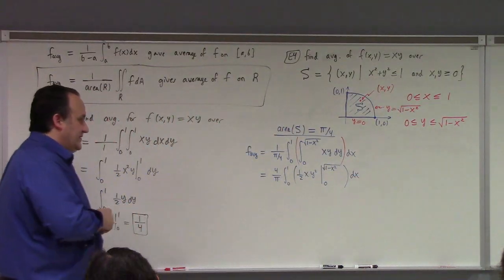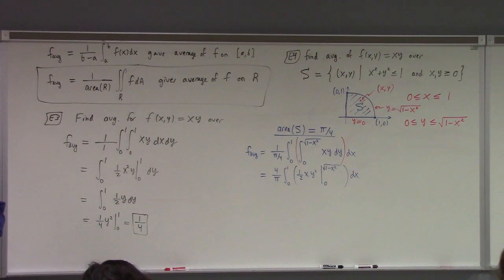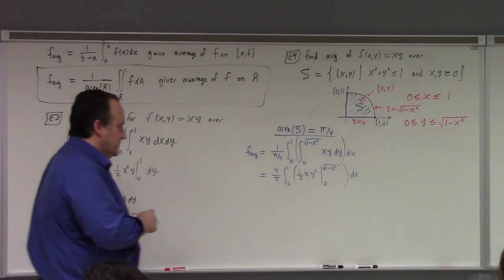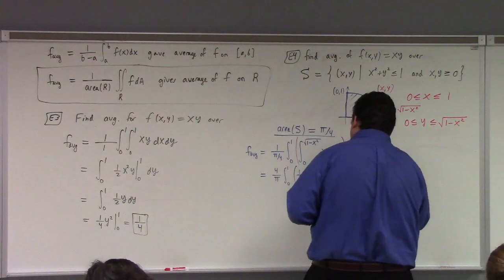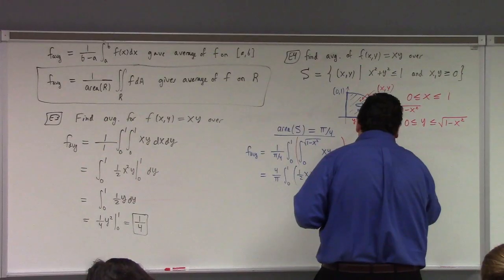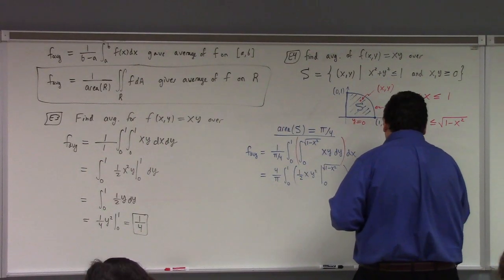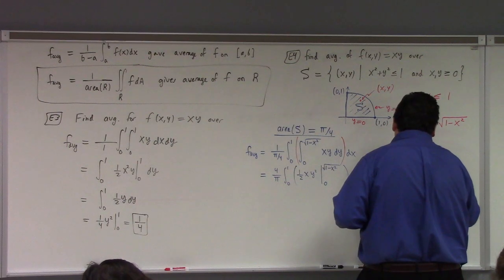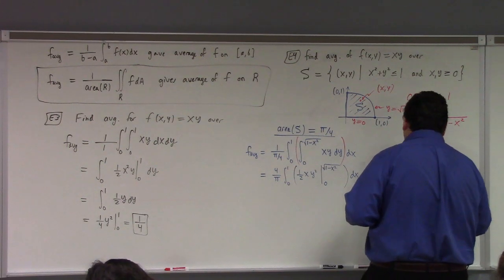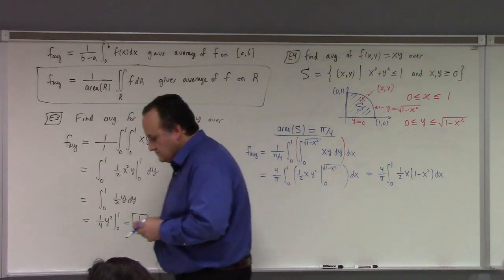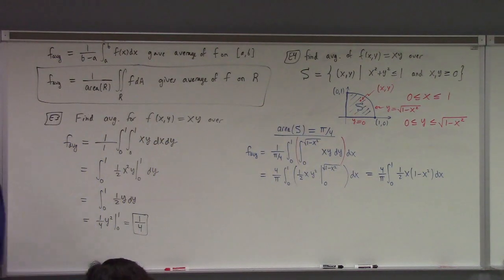Well, this is very good news because that square obliterates the square root upon evaluation, and that just leaves us with 4 over pi, integrate from 0 to 1, of 1/2 x times 1 minus x squared. Could you still take the 1/2 out?